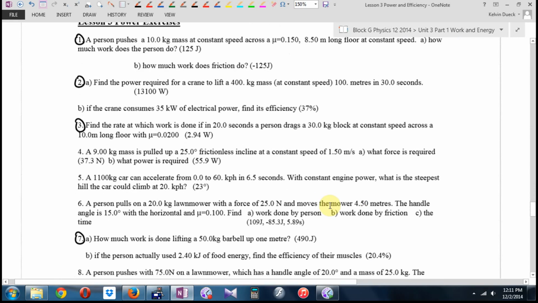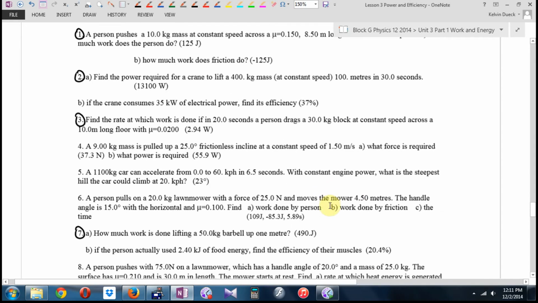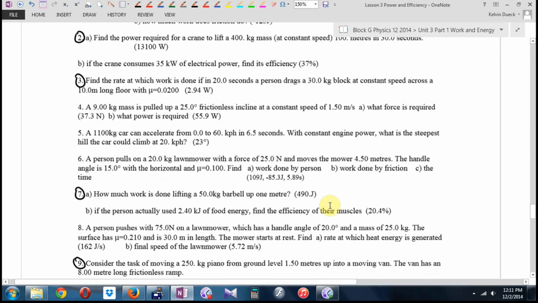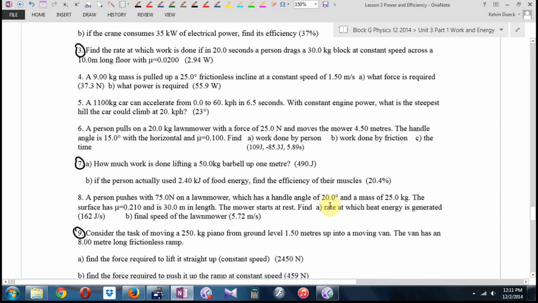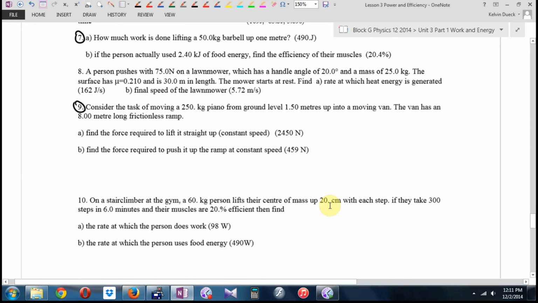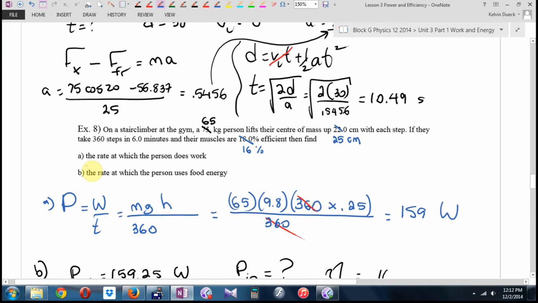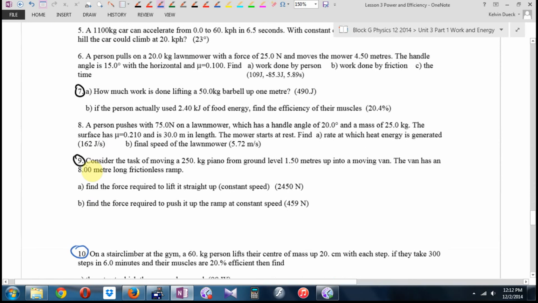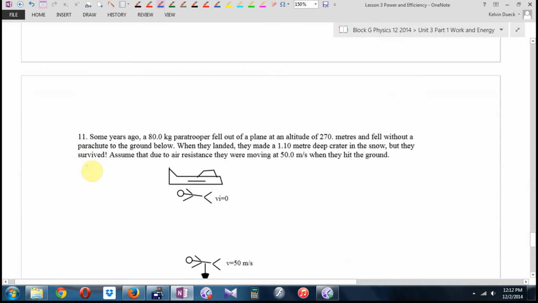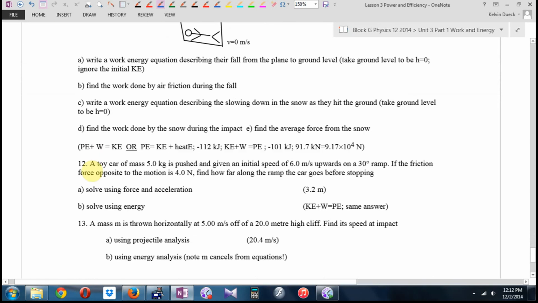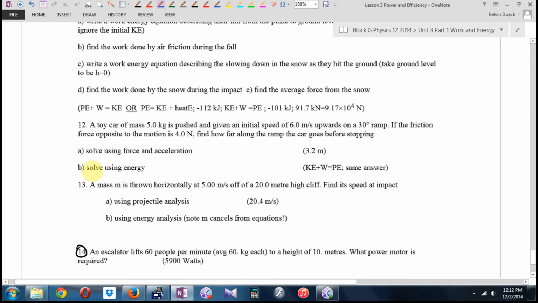So I had already assigned 1, 2, 3, and 7, and 9. So you can now try, you can add number 10. And I'm not going to give 11. It's kind of cool, but meh.